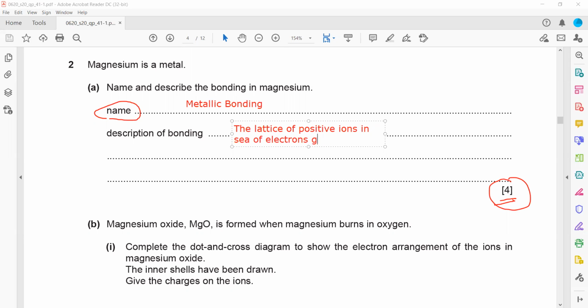So 1 mark is for mentioning the metallic bond, 1 mark is for mentioning the positive ions, 1 mark is for mentioning the sea of electrons, and 1 mark is for mentioning there's a strong attraction between them.